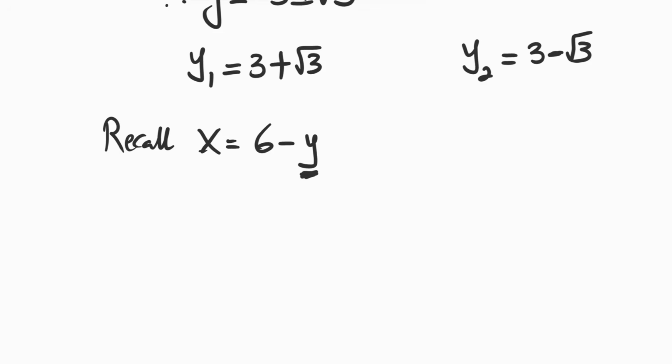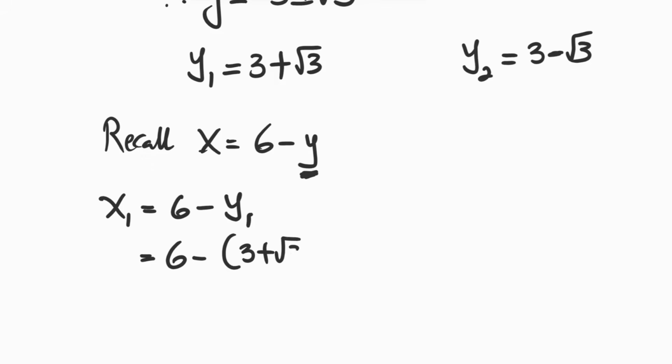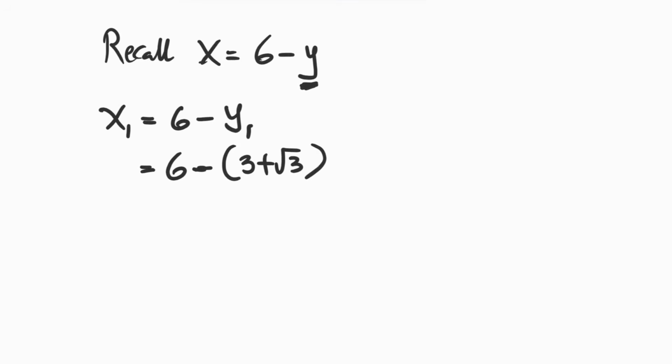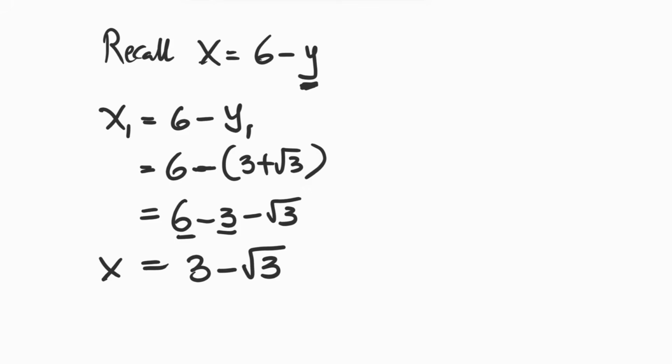And for the y2 value, we'll plug it in as well so that we can get the x2 value. So for x1, we have 6 minus y1, which is 6 minus 3 plus root 3. Opening up the parentheses, the minus multiplies positive 3 to give us minus 3, and multiplies positive root 3 to give us negative root 3. 6 minus 3 will give us 3 minus root 3. This is our x1 value.